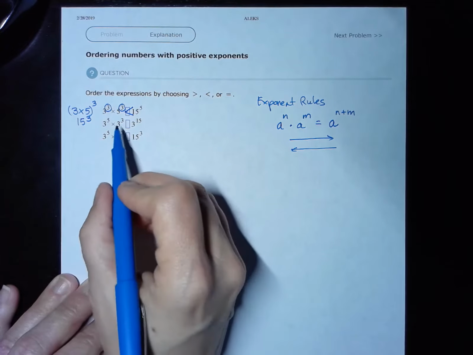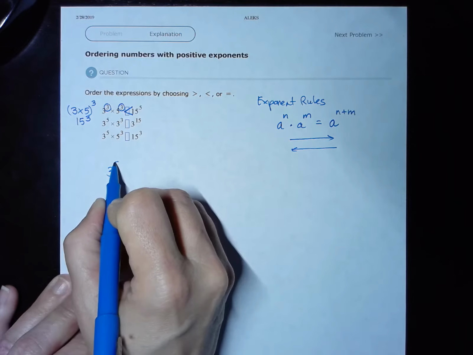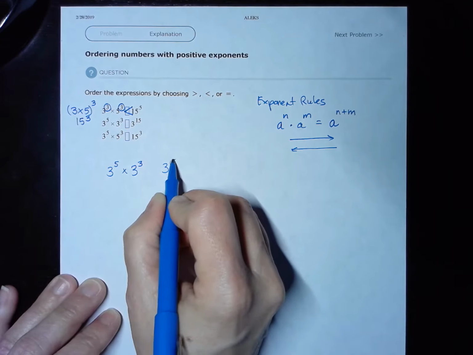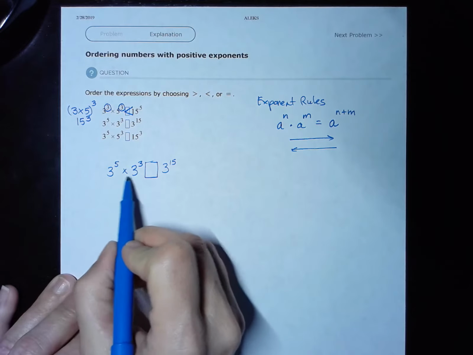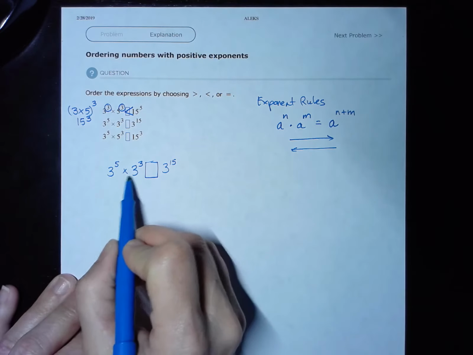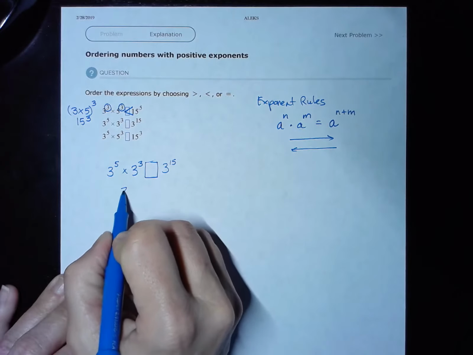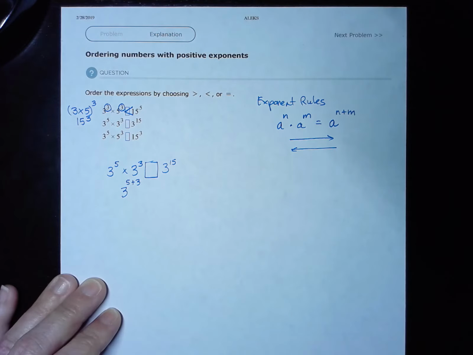Okay. So for the second one, I have 3 to the fifth times 3 to the third, and I'm supposed to compare that with 3 to the 15th. If you notice on this one, you have bases of the same, so my base would stay 3, and then I'm supposed to add the two powers together.